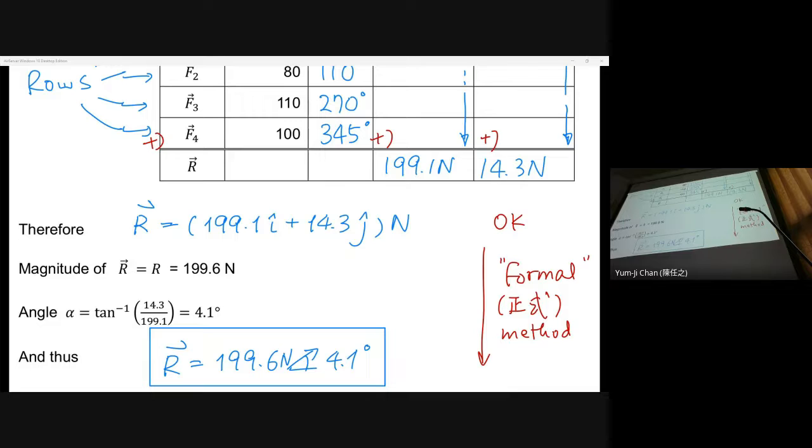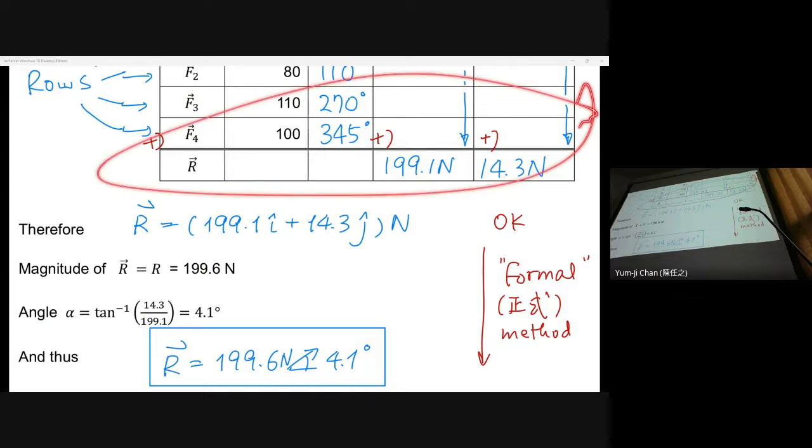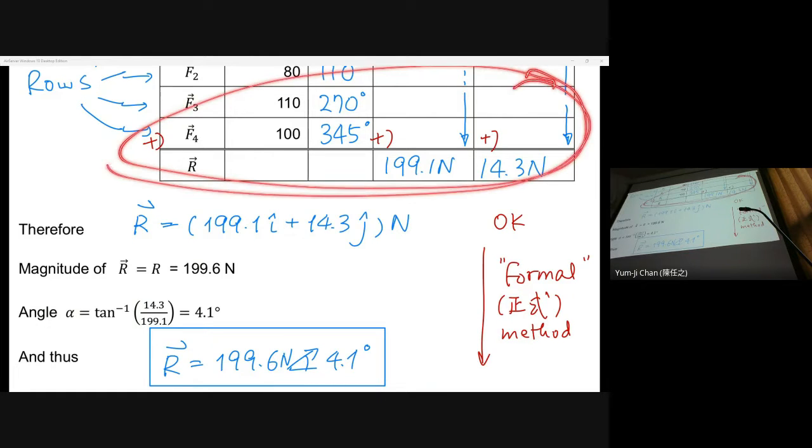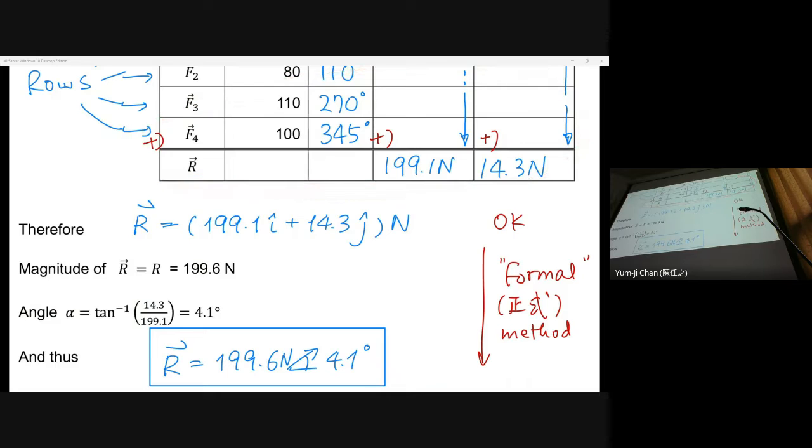I think the mathematics part should be all right to you. The key point in this problem is to do your calculations in a table. If there are more than three forces, then do them in a table. It is easier.